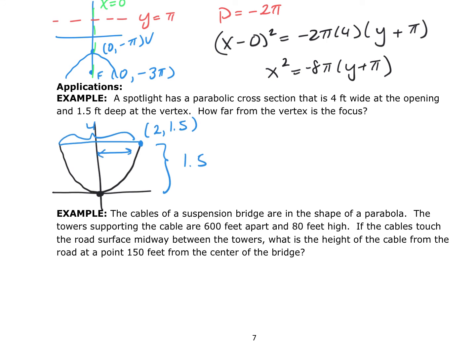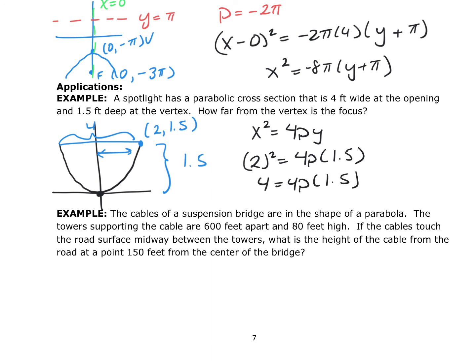Now, you're thinking, do I have enough information to figure out how far the vertex is from the focus? And the answer is yes, because this is the equation x squared is equal to 4p times y. And guess what? I have an x value, I have a y value. All I'm really chasing is the p value. So my x is 2, the quantity squared, is equal to 4p times 1.5. So I have 4 is equal to 4p multiplied by 1.5.